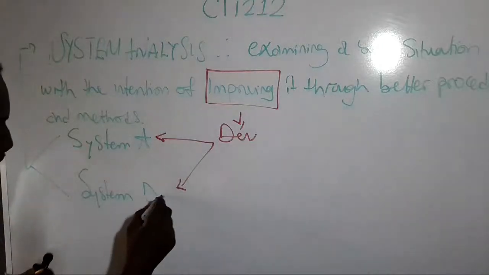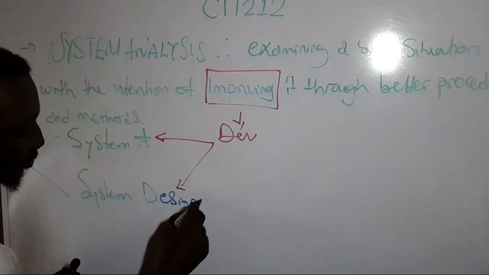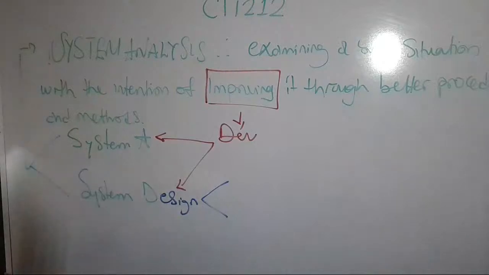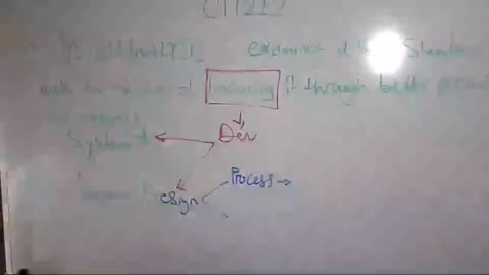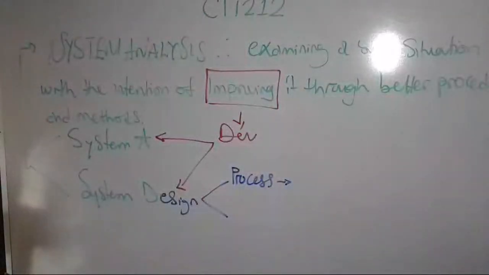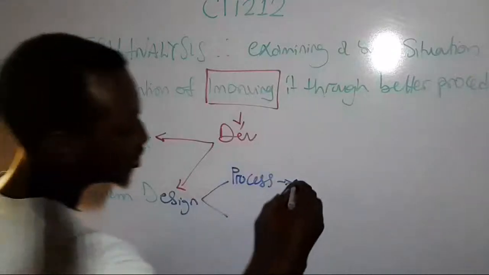System design: what are we referring to? The process of planning a new system. First, it is a process targeted at planning a new system.